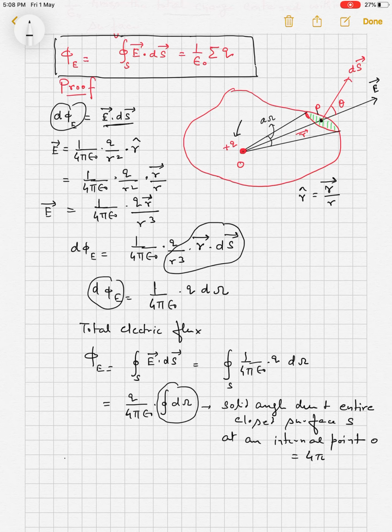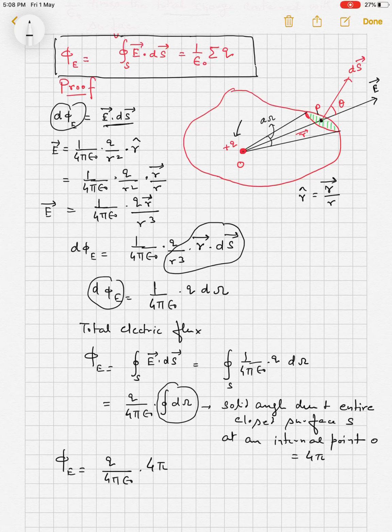So electric flux phi E is equal to q upon 4 pi epsilon naught into 4 pi. So this 4 pi is cancelled out, and phi E is equal to q upon epsilon naught. So this is the proof of Gauss theorem.